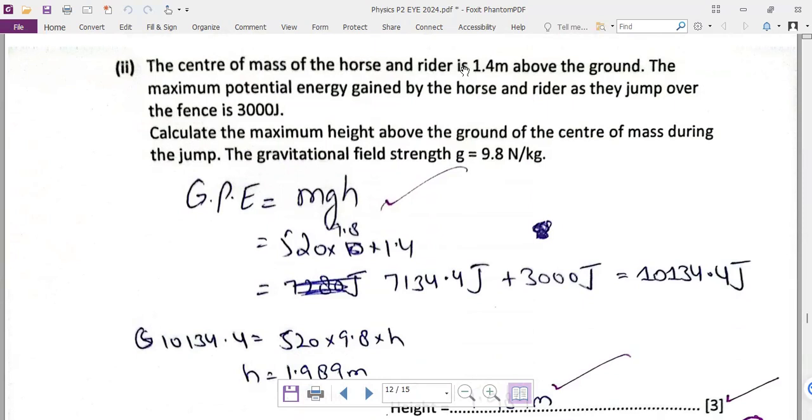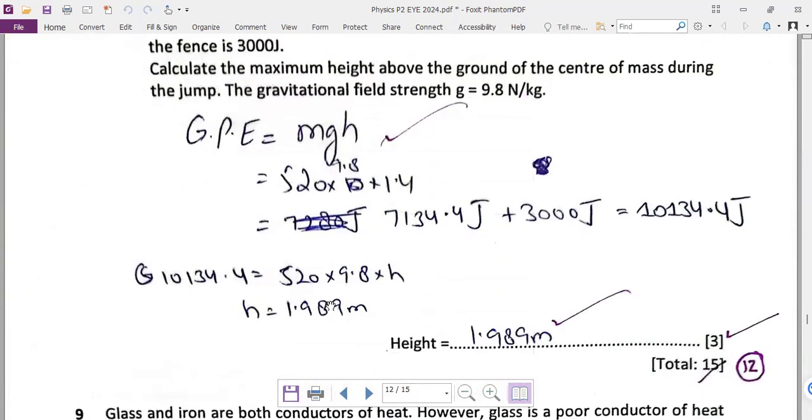The center of mass is 1.4 meters above the ground. Calculate the maximum height above the ground of the center of mass during the jump. How high did he go? You will be using the same strategy, same technique. You input the gravitational energy, mass, gravitational acceleration, and you calculate the height like this.